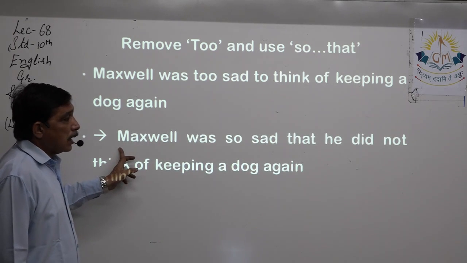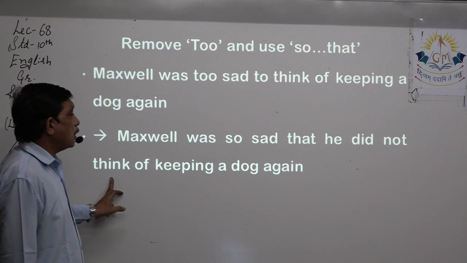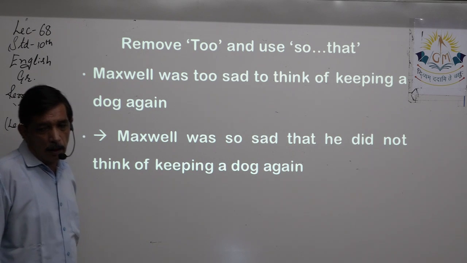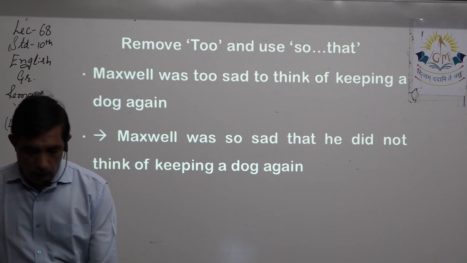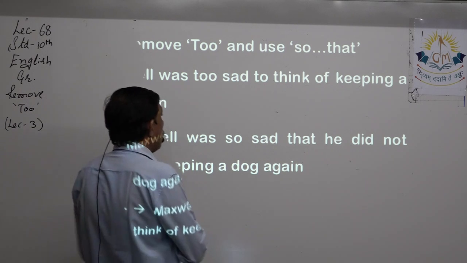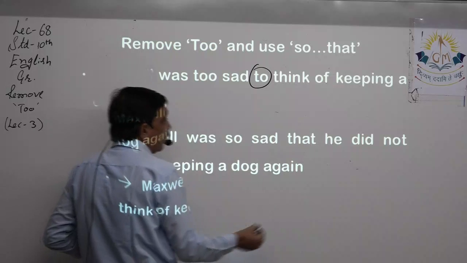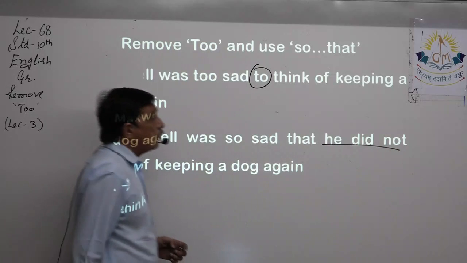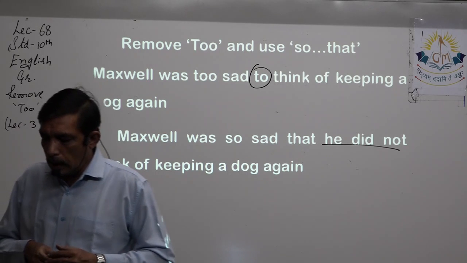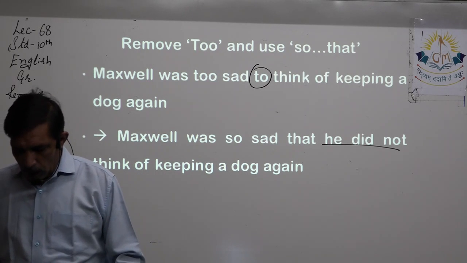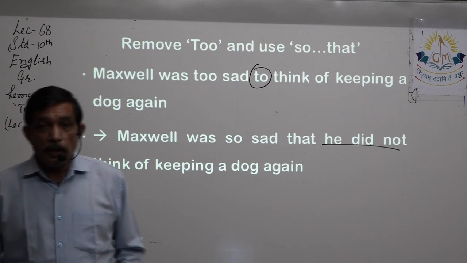Maxwell was so sad that he did not think of keeping a dog again. We are removing this too. So we have to add 3 or 4 words that we have discussed earlier, right?